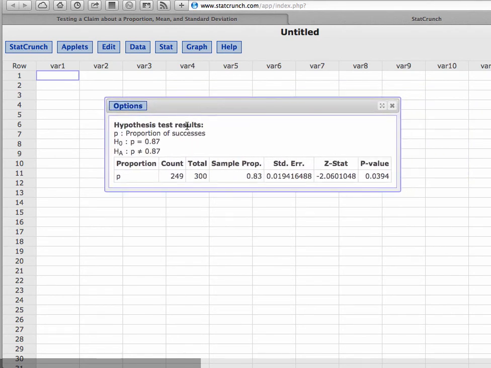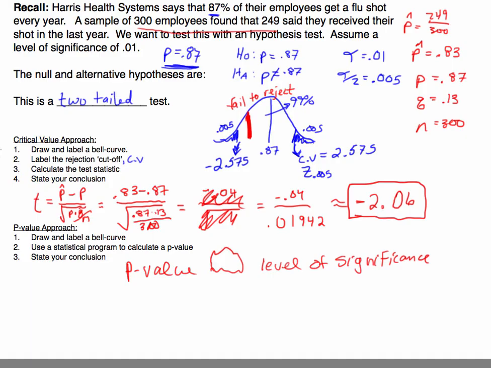And here we go. It gives us the sample proportion and our standard error, which in that case was the denominator of the test statistic formula. Here is the test statistic, negative 2.06, a little bit more precise because the software has the ability. And then finally our p-value is 0.0394, I think.